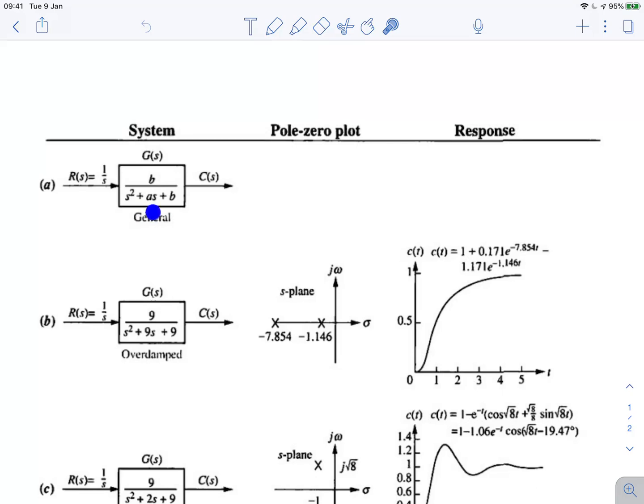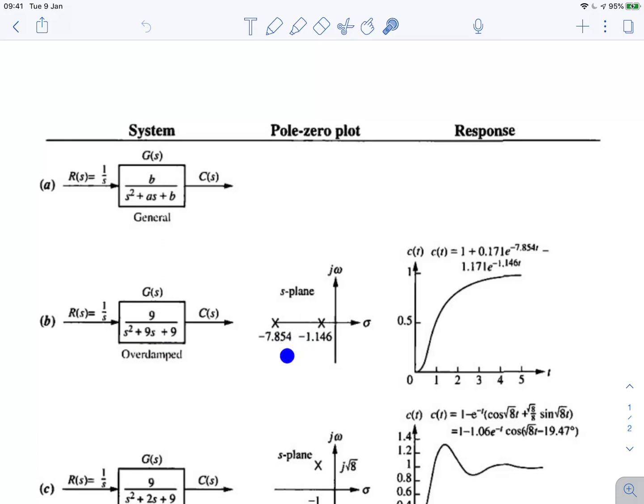Now consider some particular values of a and b, which basically determine the location of the poles. In the first part, let's say we put a and b both as 9. In that case we would have s square plus 9s plus 9, and the poles are located on the real axis on the left hand side.